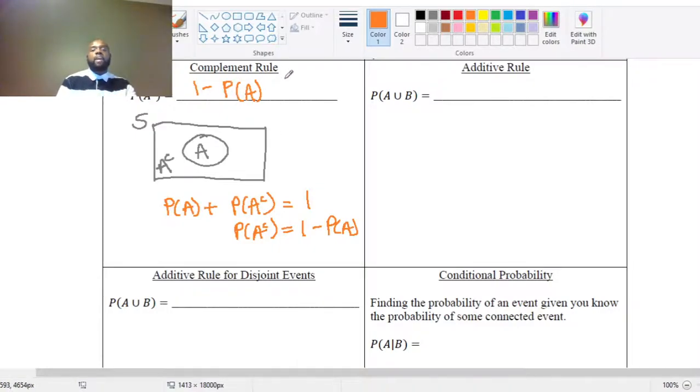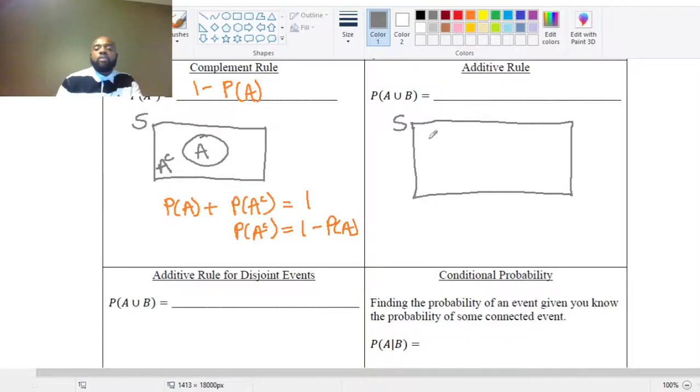All right, and I almost made a mistake there. That's probability of A. We also have the additive rule, right? And the additive rule allows us to calculate the probability of a union of two events, right? And so if I want to do that, and this is event A and this is event B. Well, the probability of event A or B, remember, it has to be stuff that's in event A, right?